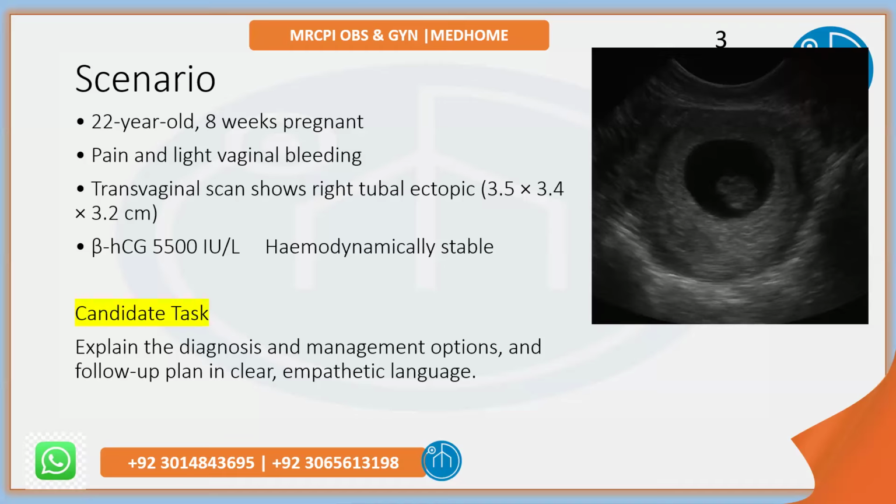Even if, God forbid, patients lose their tubes or their tubes are blocked by infection or other causes, they can still conceive by in vitro fertilization, an artificial technique to get pregnant. It is a very common procedure being performed.